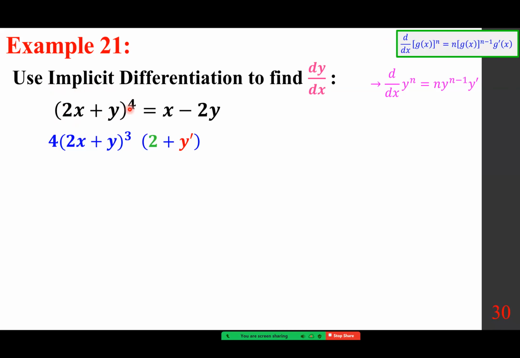Whatever it is, you write it to the power of 4 minus 1. Now, the chain rule says we need g prime of x. The derivative of the inside is 2 plus either y prime or dy dx. Sometimes it's easier to use y prime, but I interchange them because they both mean the same thing. Now the right side: 1 minus 2y becomes 1 minus 2y prime.